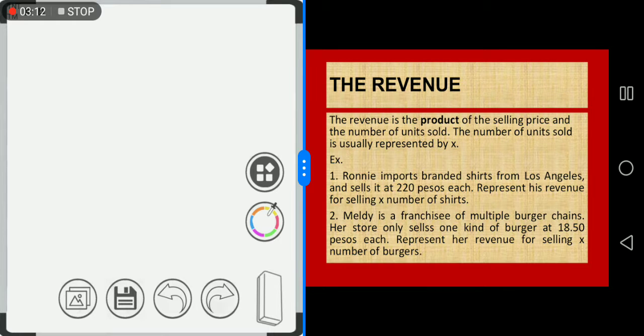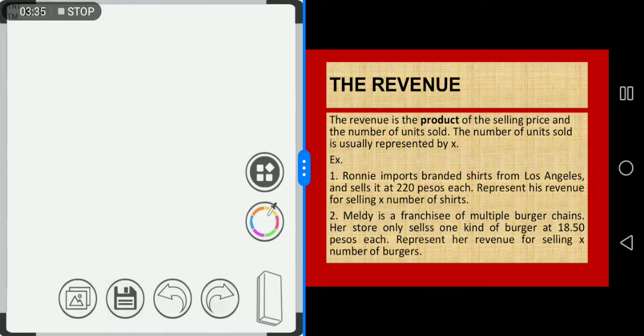So let us start with what we call the revenue. So the revenue is the product of the selling price and the number of units sold. No, so the number of units sold is usually represented by the variable x. No po, so hindi naman lagi kasing kaya nating i-predict kung magkano or kung ilan yung maibebenta, 'di ba?